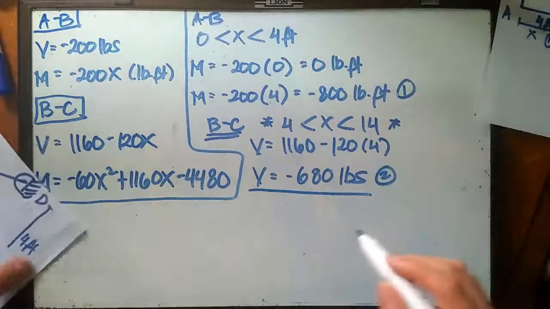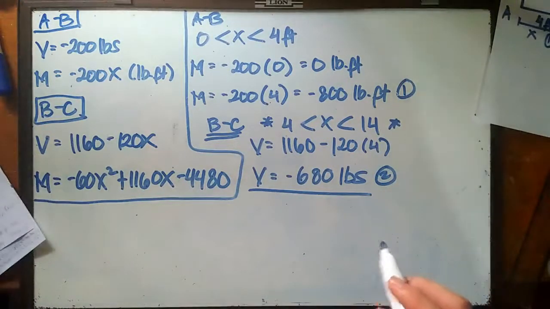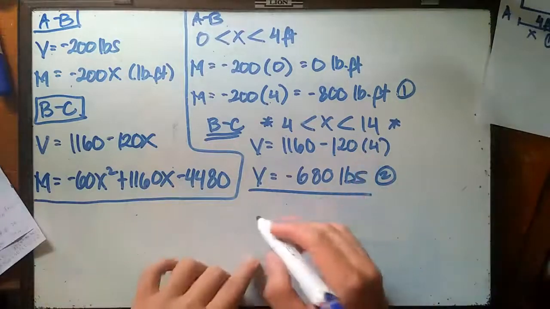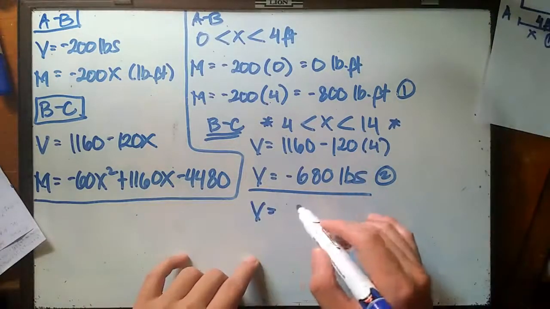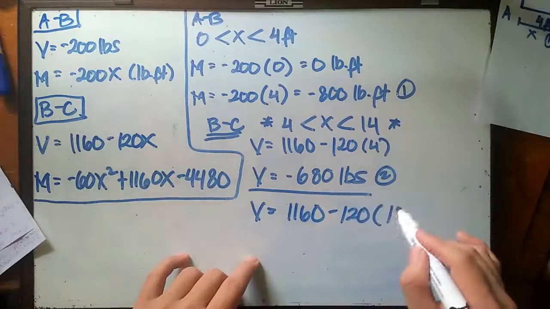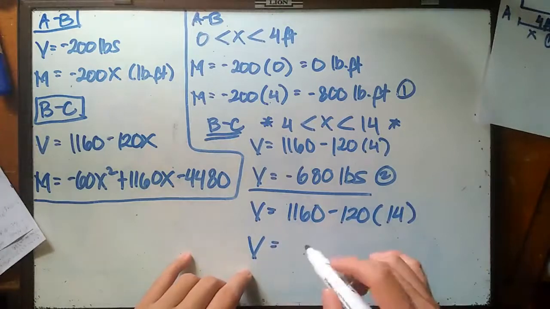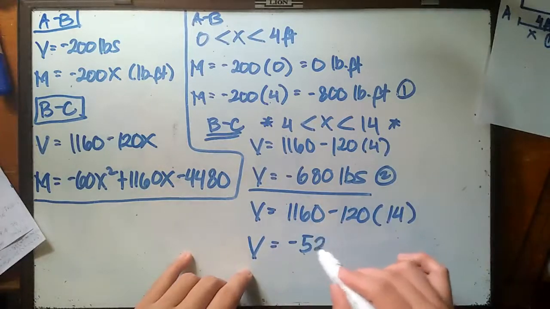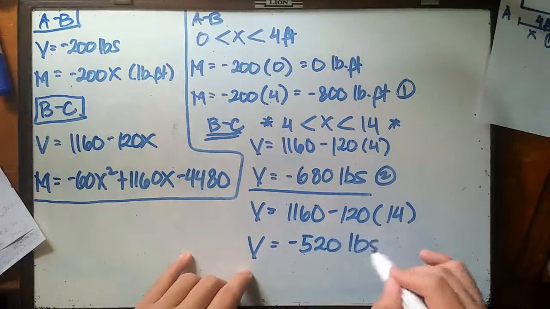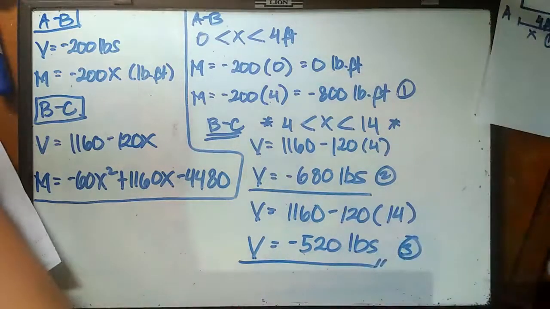Now let's try to replace x by 14. So V is equal to 1160 minus 120 multiplied by 14. So V should be equal to negative 520 pounds. That should be number 3. Don't forget about that. That's important.